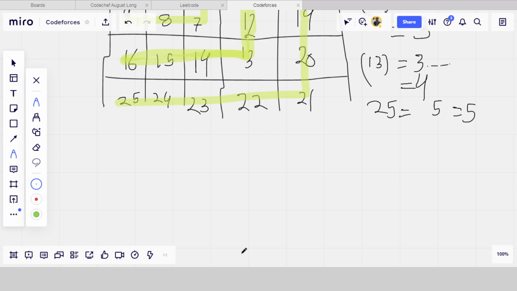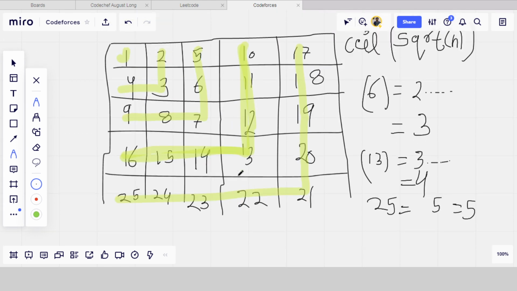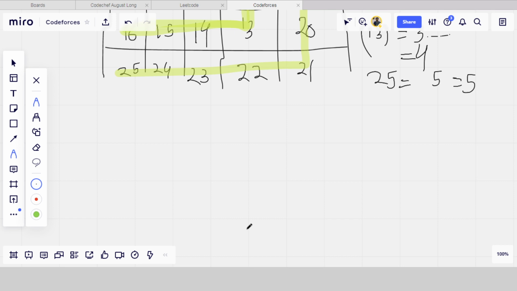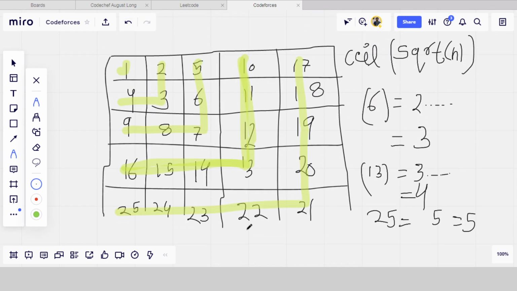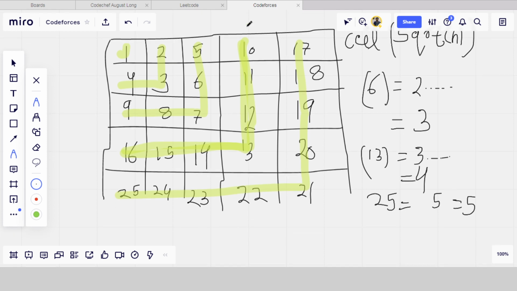Fine. Now we have to find the row and the column. So what we'll do here is check the difference from the maximum number. Let's say the number lies on the fourth L. We can know which L the number lies on with the ceil of sqrt n. The greatest number of the nth L will be n square. Like for the second L the greatest number is 4, third L it is 9, fourth L it is 16.